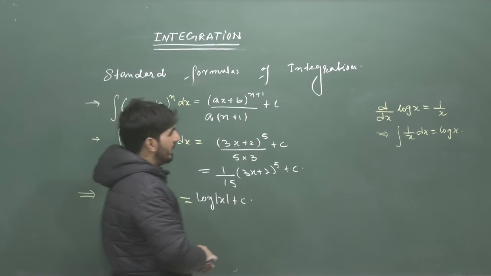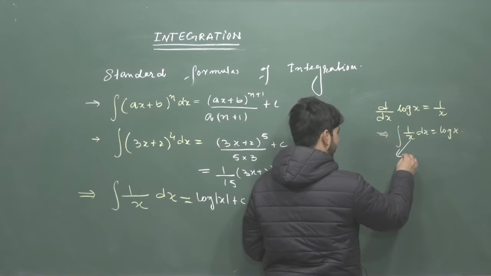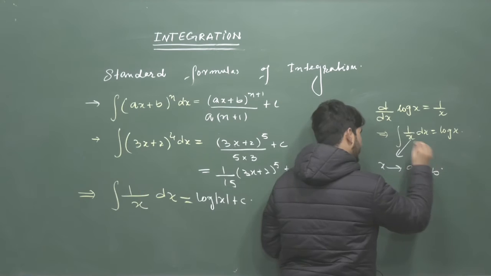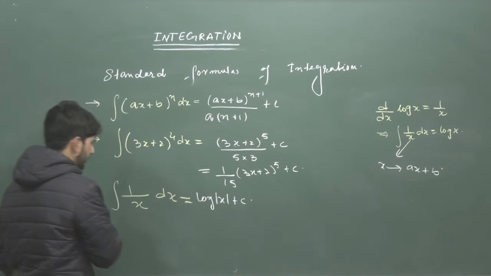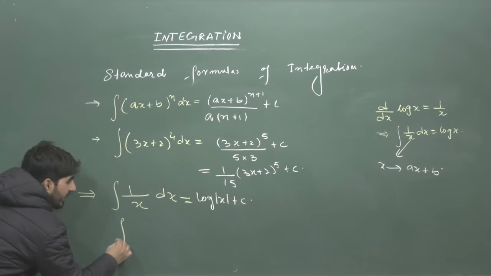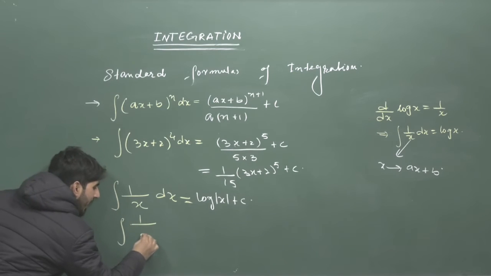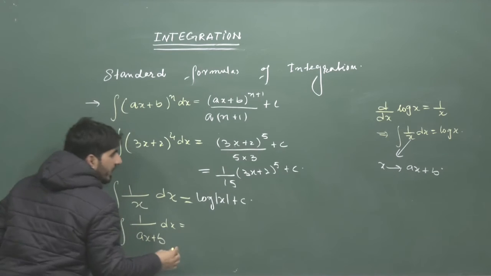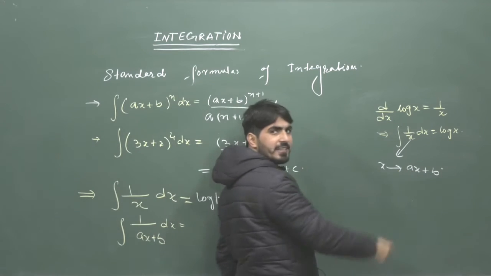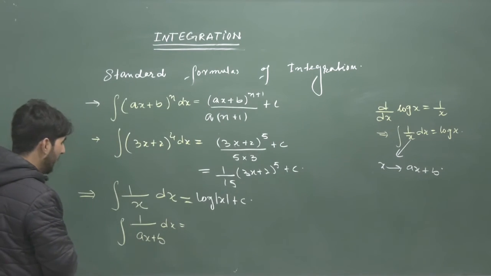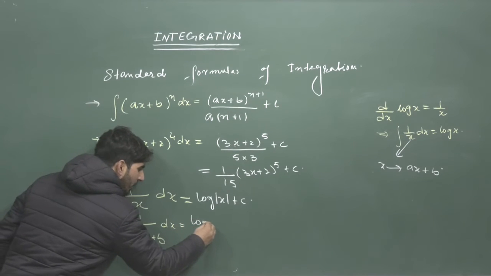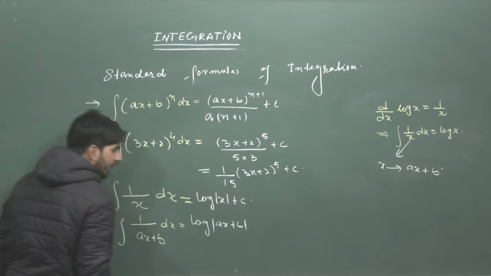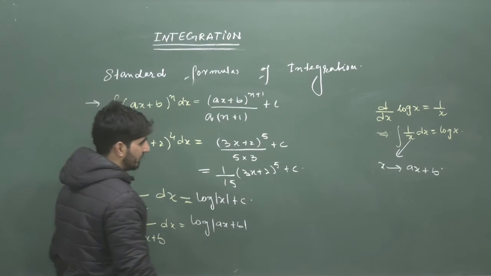Now if we replace this x by ax plus b, what we get? We will get integration of 1 divided by ax plus b dx is, here we replace x by ax plus b, we will get here log of modulus of ax plus b into internal differentiation.